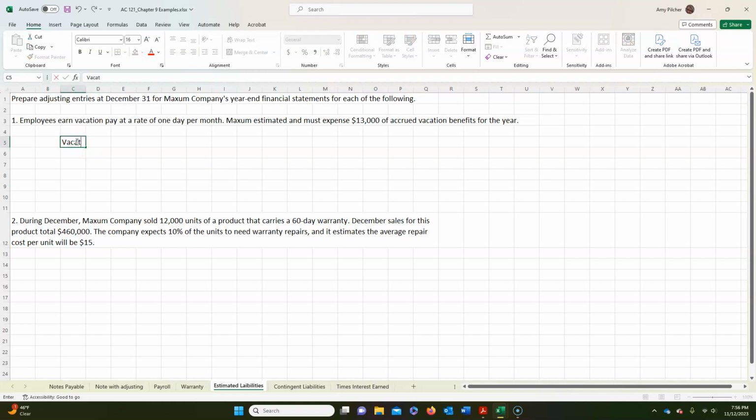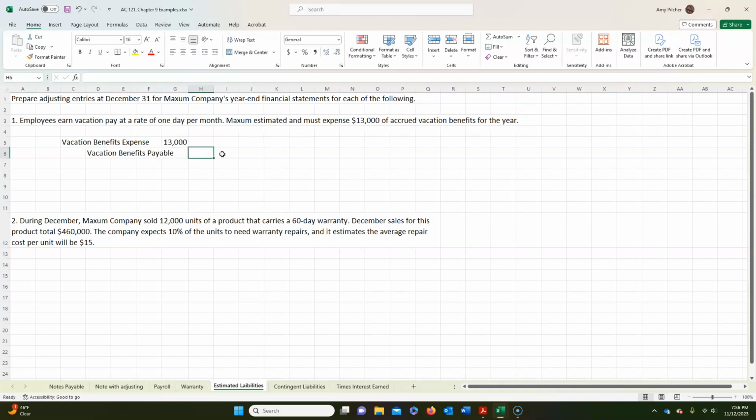So we would have vacation benefits payable or expense and vacation benefits payable as our journal entry with a debit of $13,000 and a credit of $13,000.